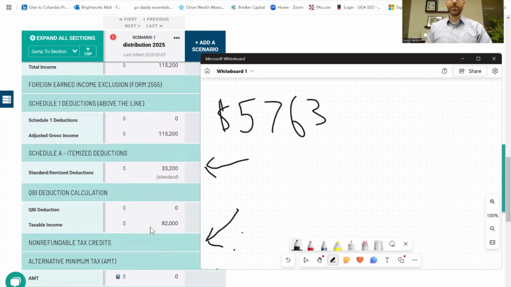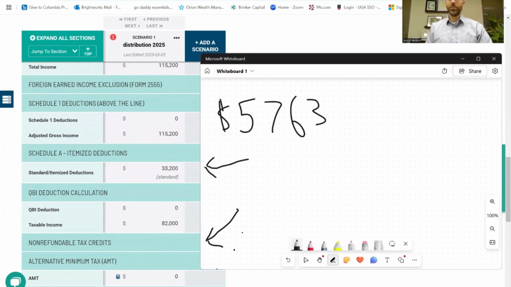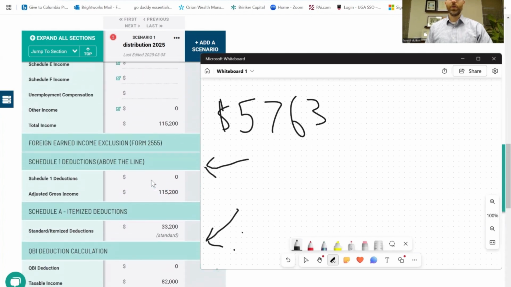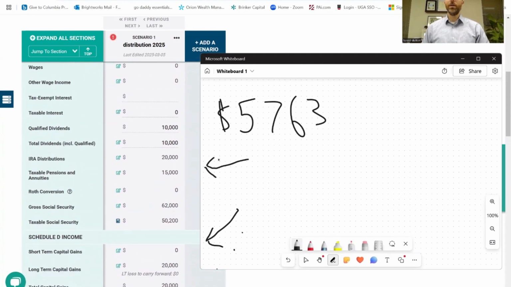Because if we look at this, their taxable income is only 82,000. So they basically in 2026 have the ability to draw more capital gains before they reach the end of the 0% capital gains bracket. So that would be a place where they can mix and match and figure out what's the most advantageous place to actually withhold that money to make that tax liability.